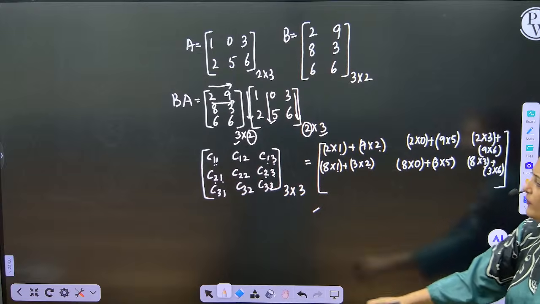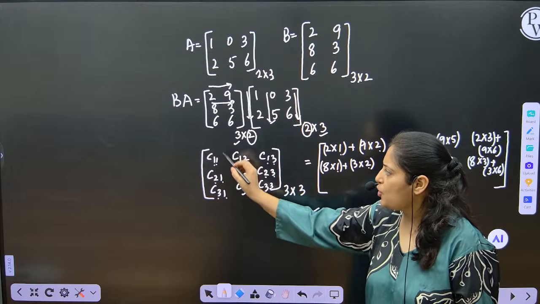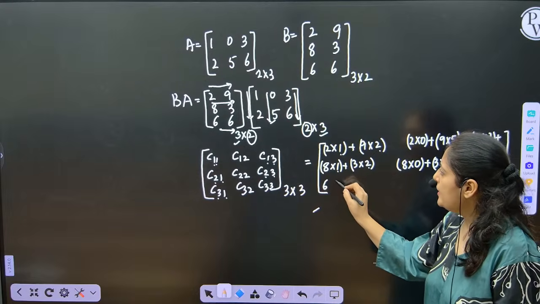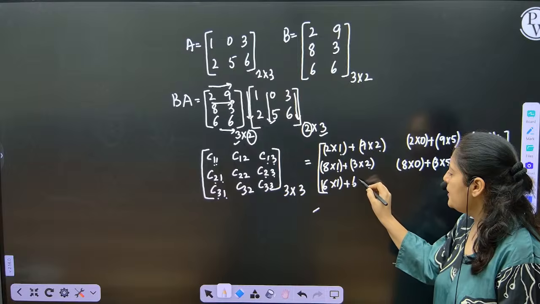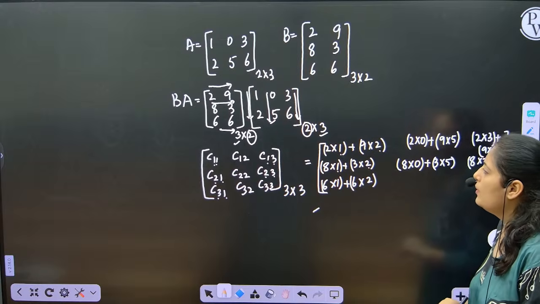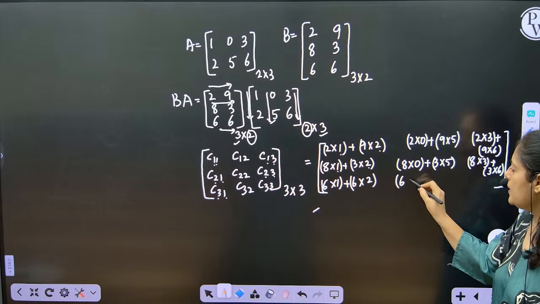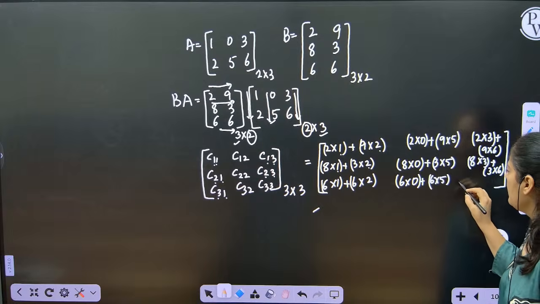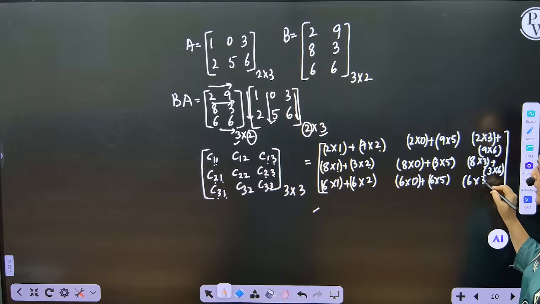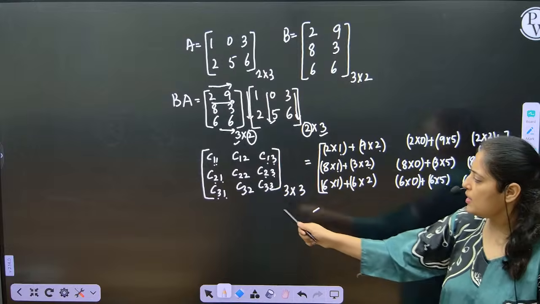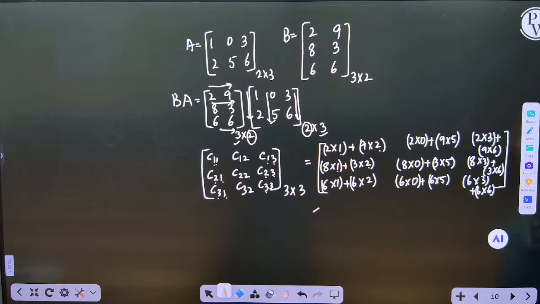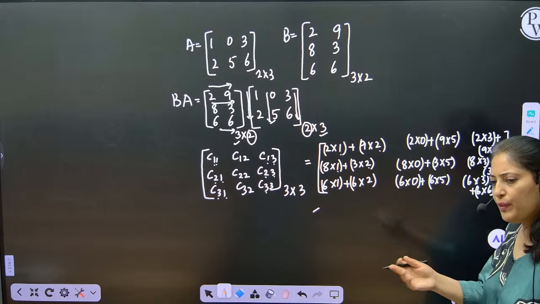Okay. Third row, first column: 6 into 1 plus 6 into 2. 6 into 0 plus 6 into 5. 6 into 3 plus 6 into 6. That means third row, third column. Now we'll multiply and then we will add.